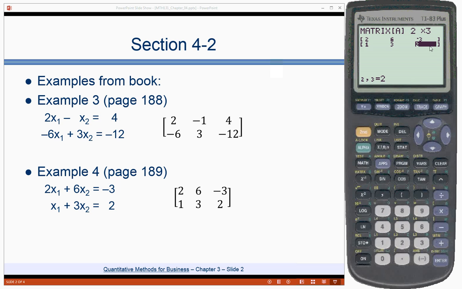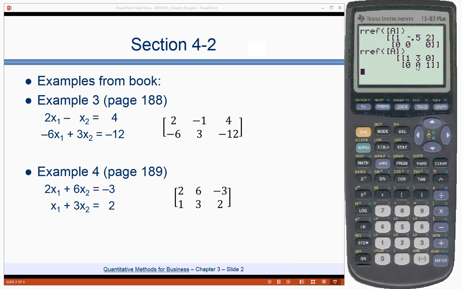So again, double check, make sure I got it right. I do. Second quit. Now since RREF of A is what I want to do, which is the last thing I did, I'm just going to do second entry, and it'll just recall my previous entry, which is what I want to do anyhow.